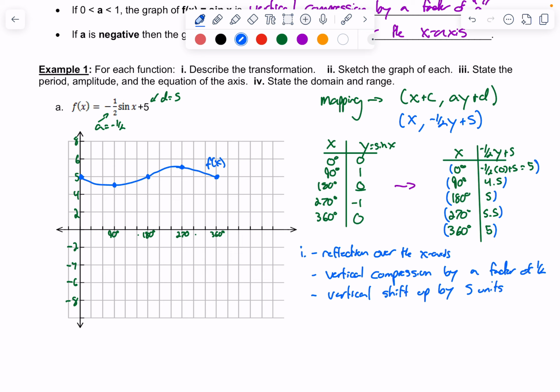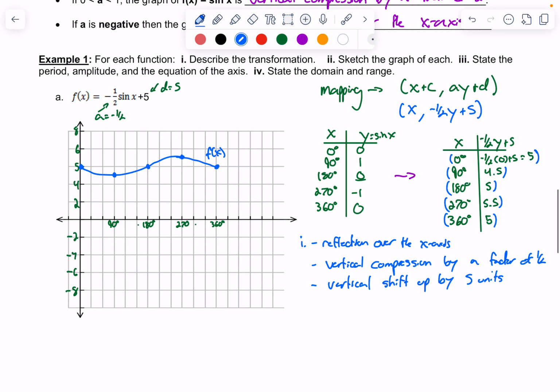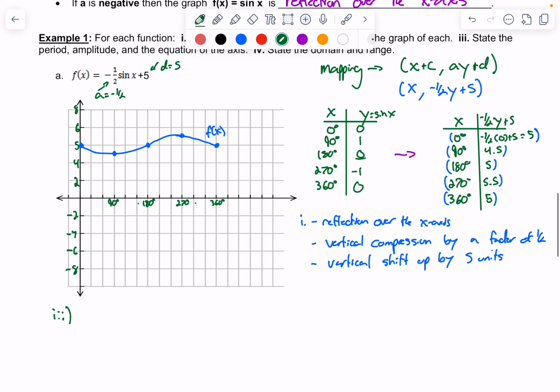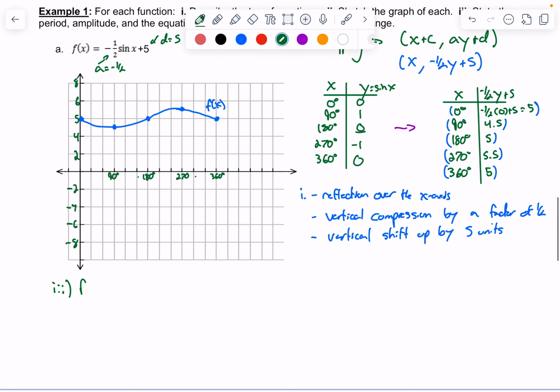All right. State the period, amplitude, and equation of the axis. Well, the period is always 360, so the period equals 360 degrees. But we can also just see that. Look, it goes from here all the way to right here.